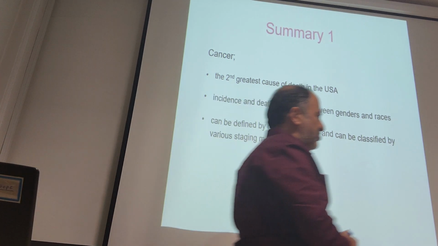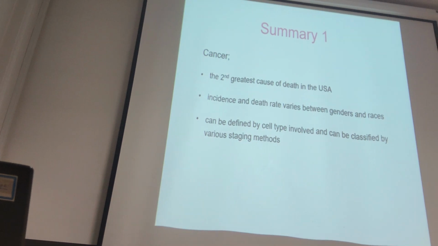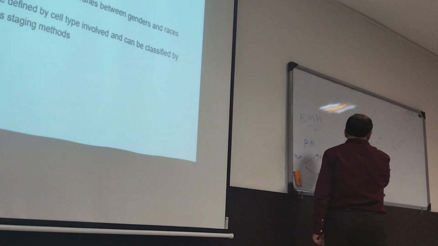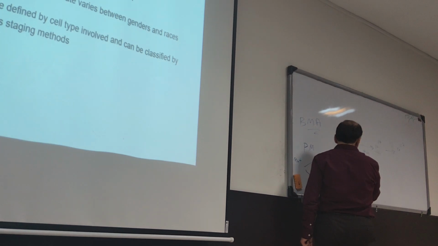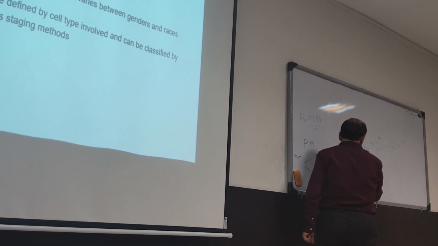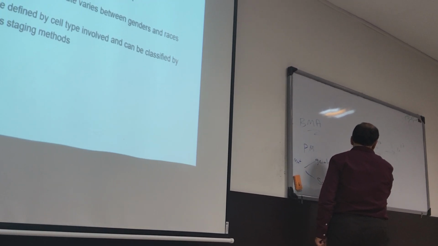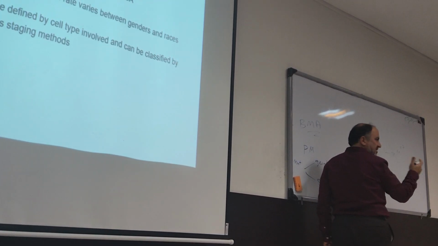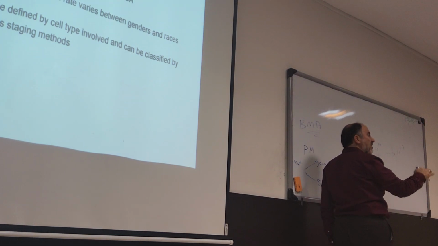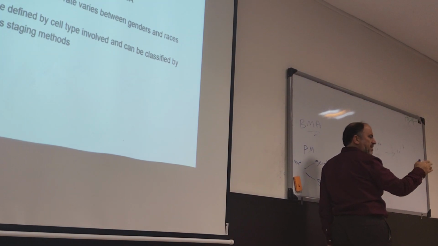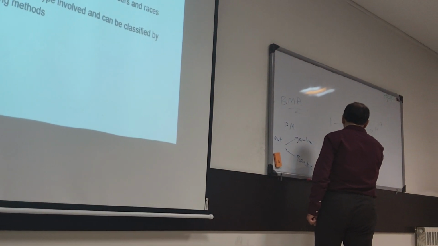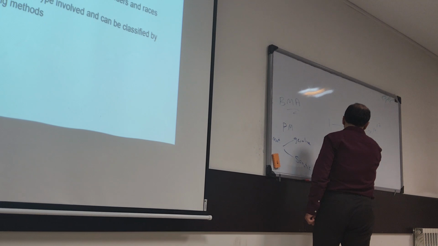That's another important issue. Staging means TNM. You will see it in the pathology report. T means size of the tumor. N means how many nodes are involved, lymph nodes. Usually by CT scan or MRI we say, okay, the lady has cervix cancer and there is involvement of nodes, for example, around the aorta, and metastasis.